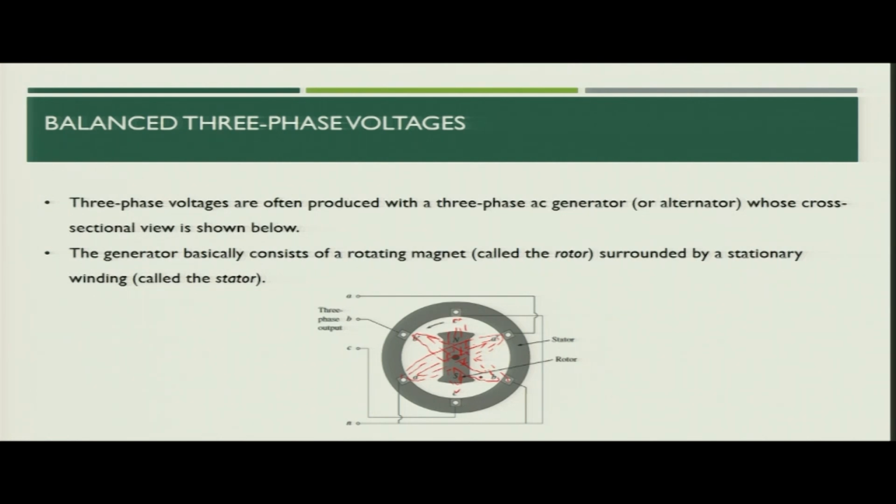Generally these rotating magnets are either permanent magnets, or you arrange the coils in such a way that you get the rotating magnet in the generator. Since all three windings are 120° apart, you will get three phase power as output.